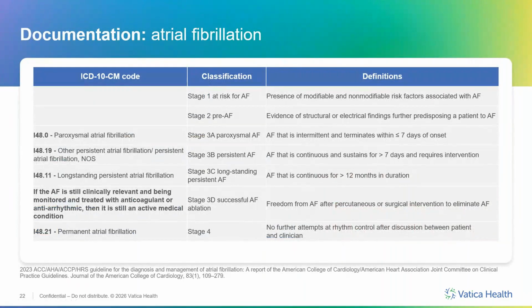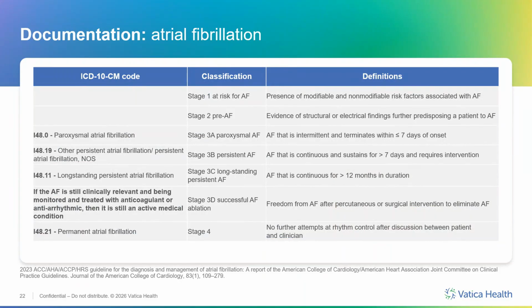So let's look at documentation for atrial fibrillation, or AF. The classification of AF was revised in the 2023 ACC/AHA guidelines for the diagnosis and management of atrial fibrillation. It recognizes the disease on a continuum, and it gives strategies for managing each stage.